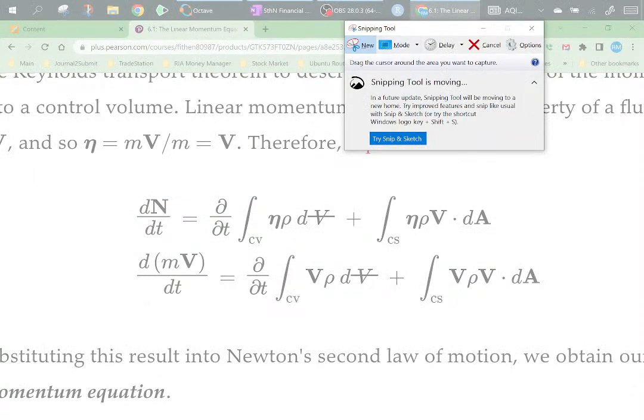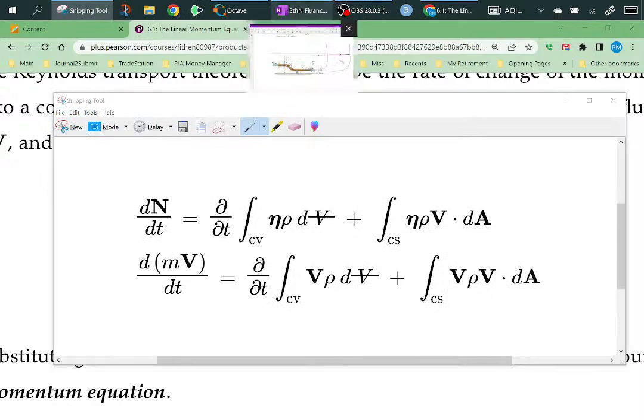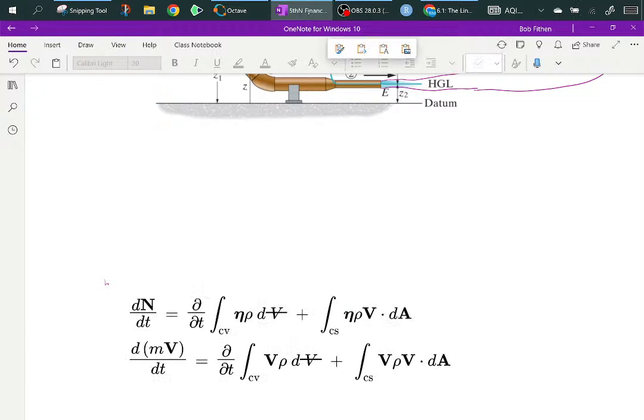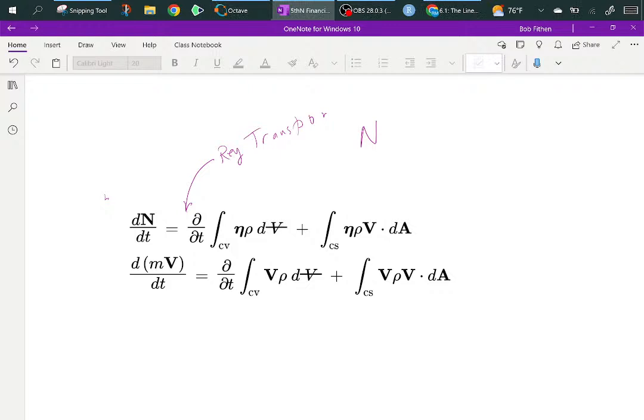Before, if you look at this equation, this is called Reynolds transport. The little n, this term, is equal to the big N per unit mass.